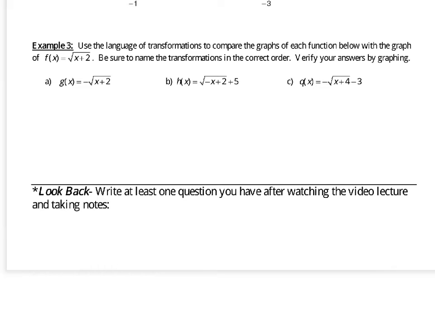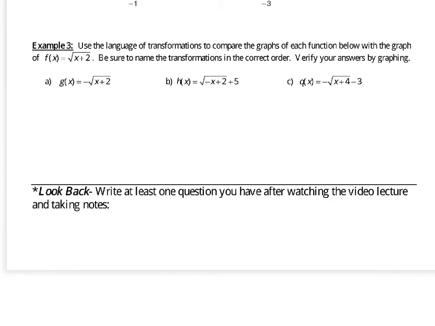So in example 3c, you're given the function for q of x, and notice I've rewritten it. Inside the square root we have x plus 4, but notice that can also be written as x plus 2 plus 2. And the reason I've done that is because I wanted the x plus 2 to be similar to the parent function. So there are three things then that are different from q of x compared to f of x.